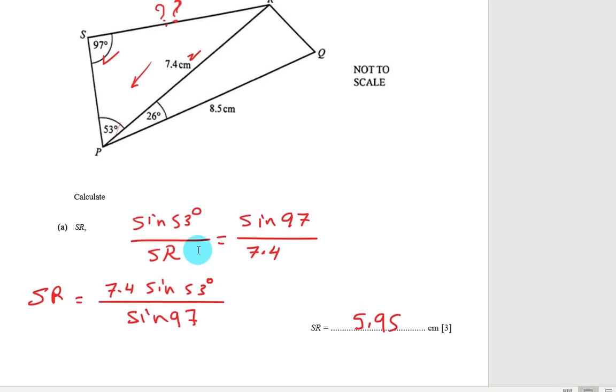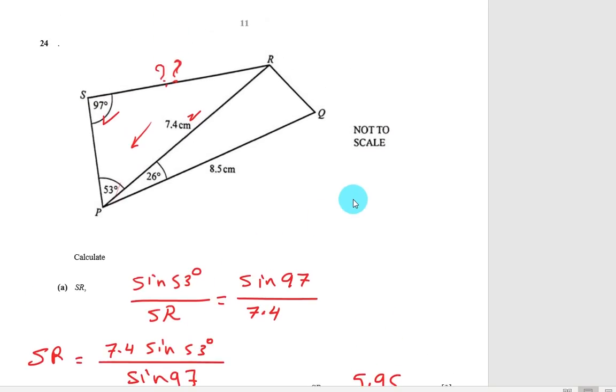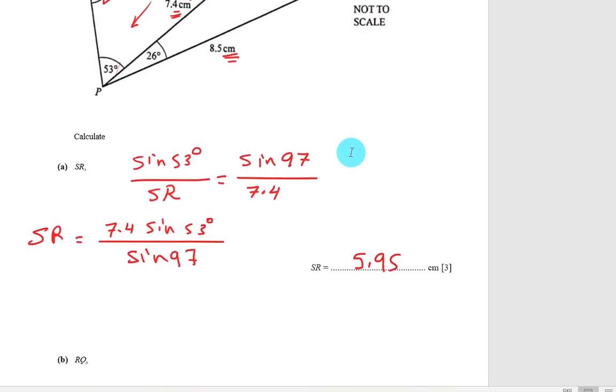Now RQ, you need this line RQ. I know the angle and I know the two nearest lengths. So cosine rule.